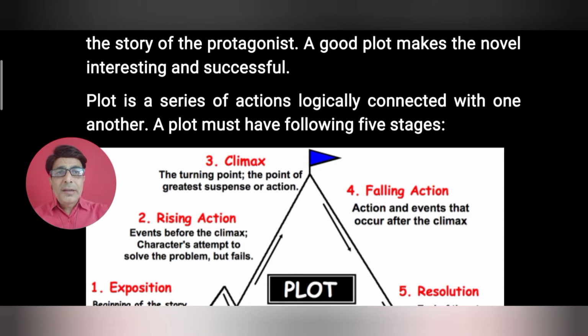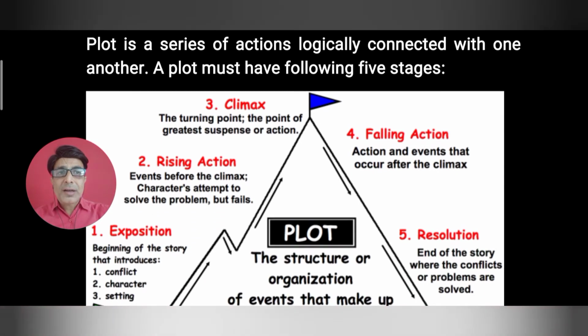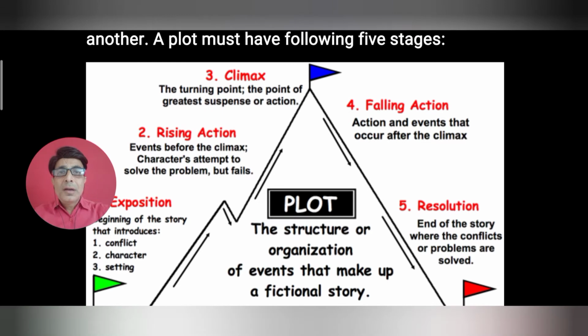Friends, there are 5 stages, or you can say 5 important elements of a good plot construction, and they are exposition, that means introduction, that means how the characters and how the main event or the theme is expressed right in the beginning of the novel.